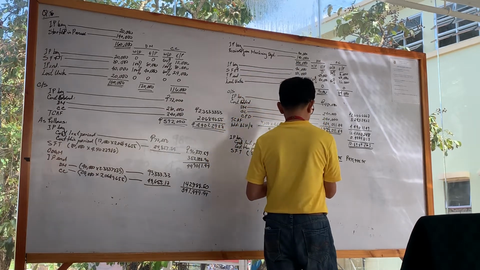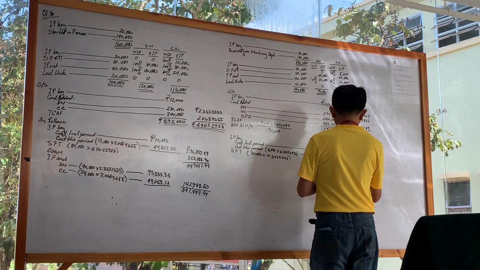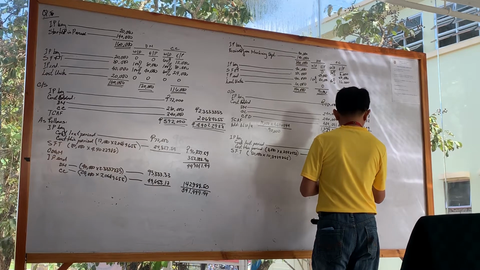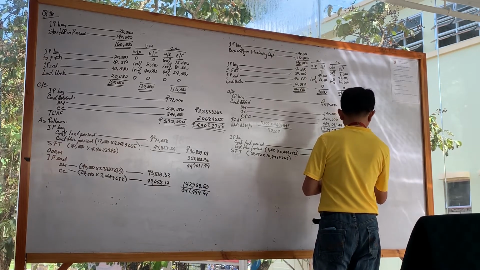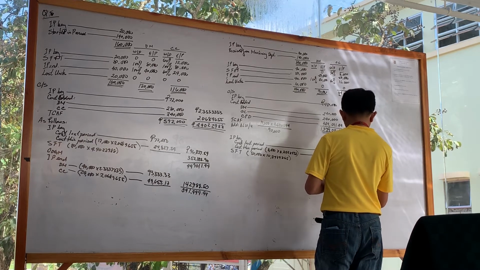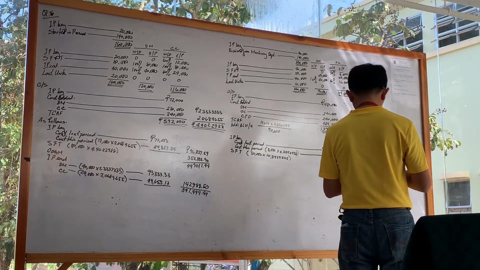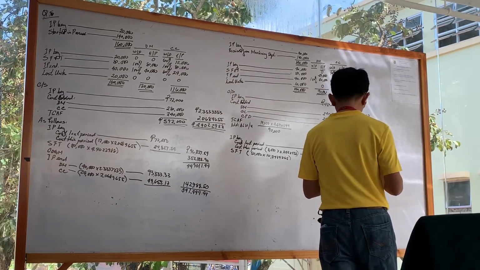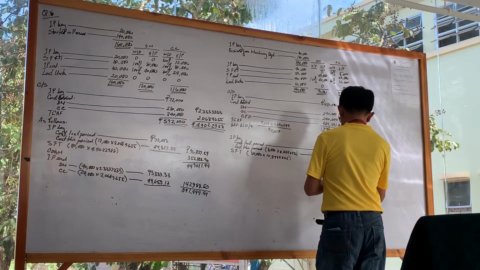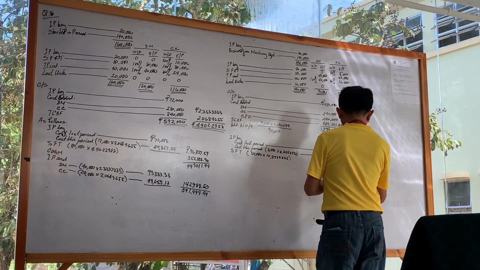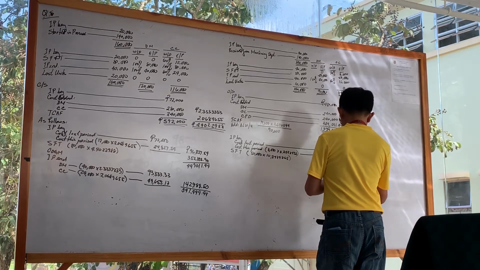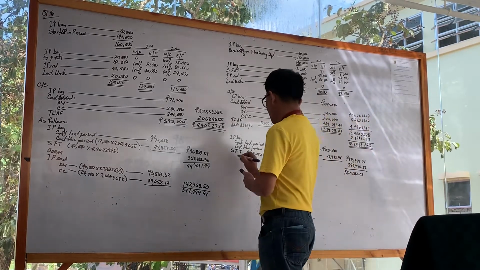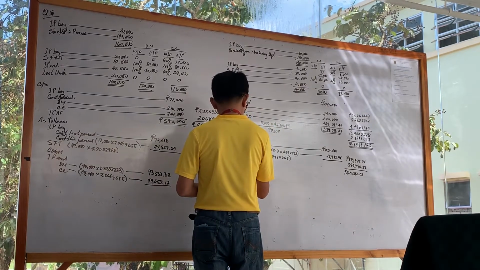That will give us 544,946.32. Total 1,020,892.28. This is your COGM.